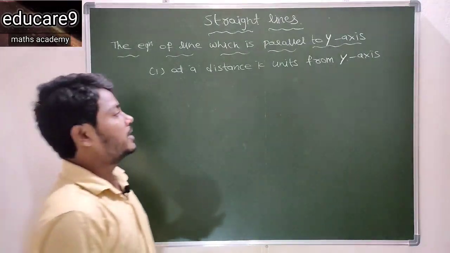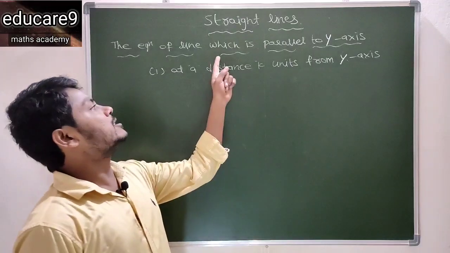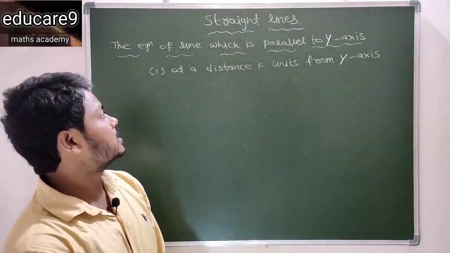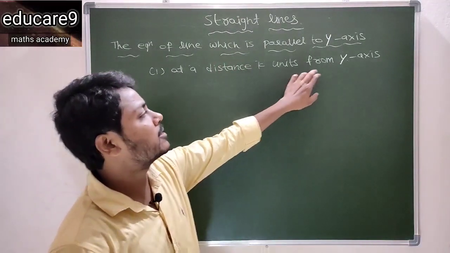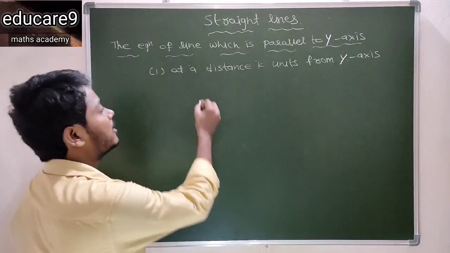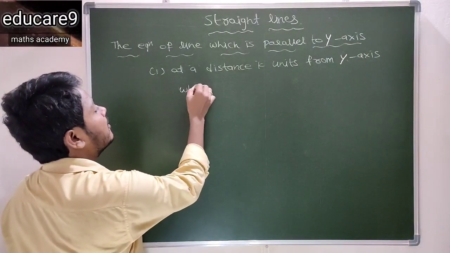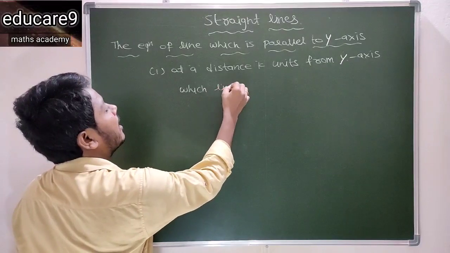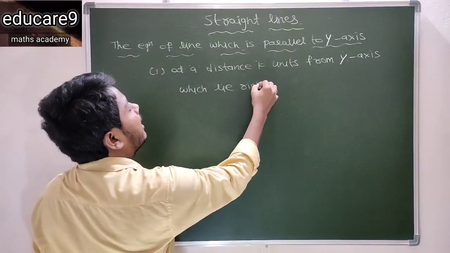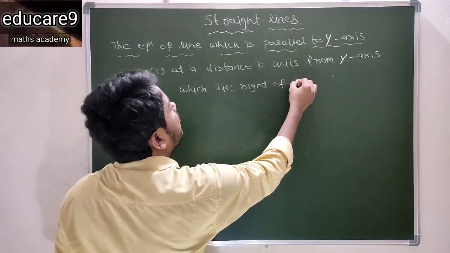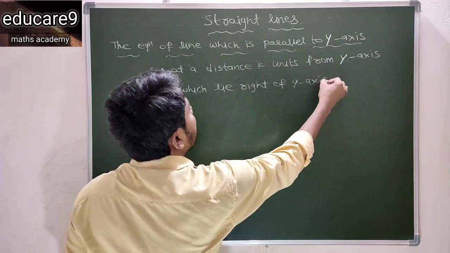Okay. So see the next one. The equation of the line which is parallel to the y-axis at a distance k units from the y-axis and which lies right of the y-axis.